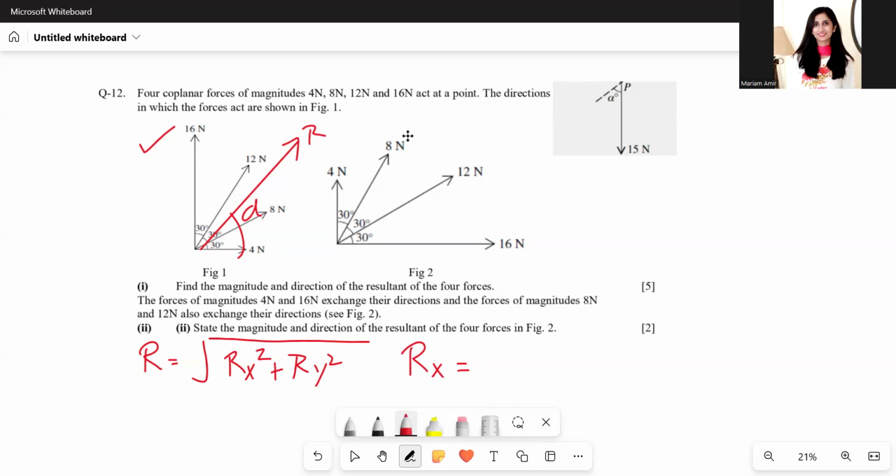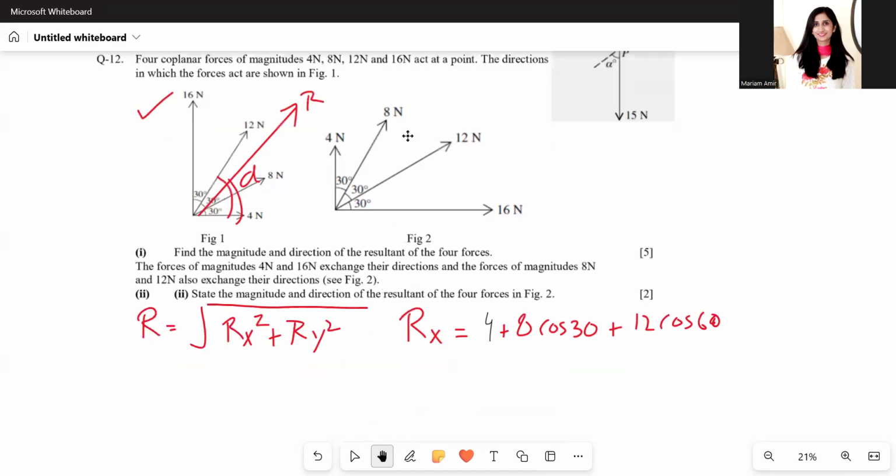But in this question, all the x components are towards the right, so nothing will get subtracted. So the components are 4 and 8 cos 30, then 12 cos 60, because this angle is 60, and that's it, because the 16 Newton force has no horizontal component.